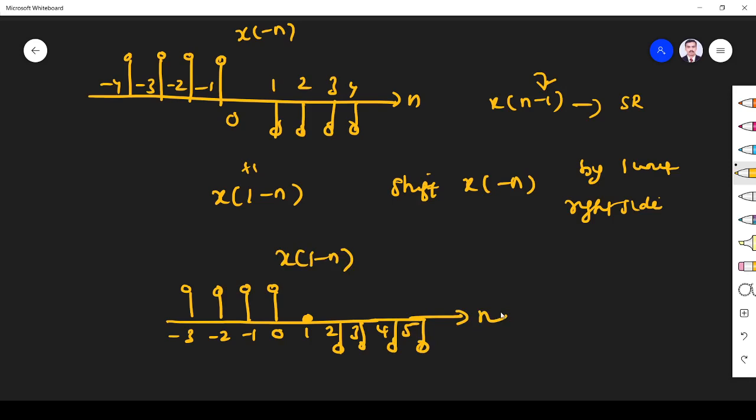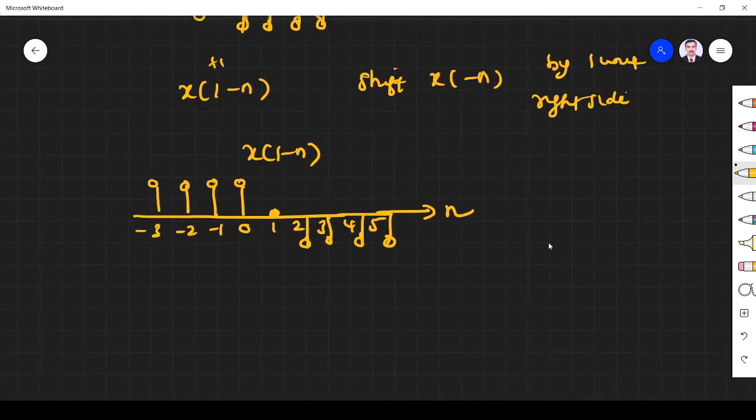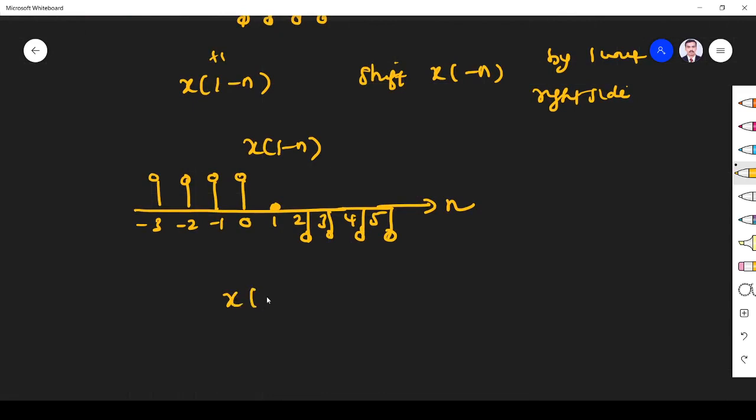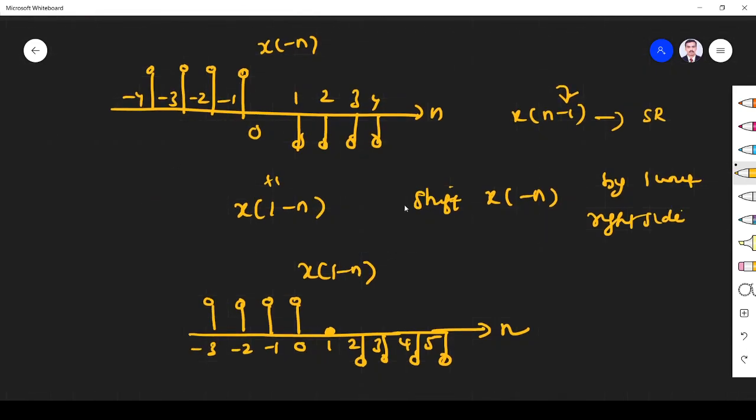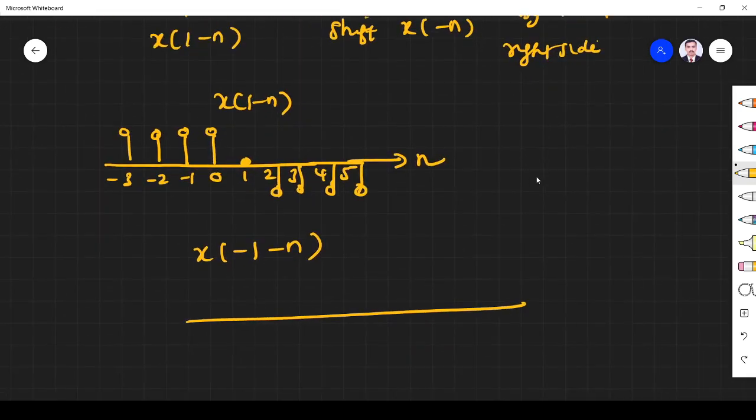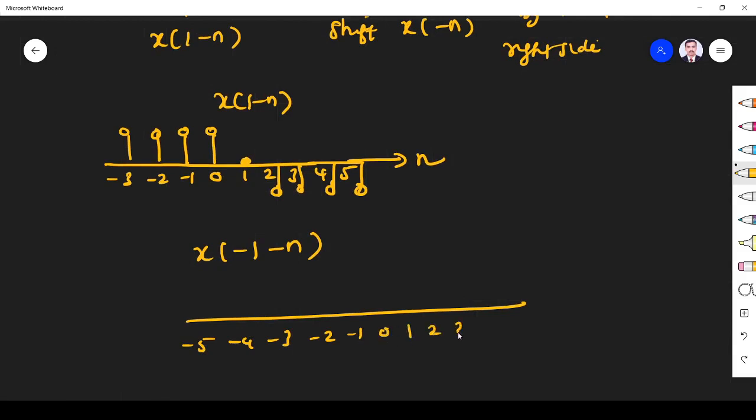Simple, right? Suppose they ask us to draw x of minus 1 minus n, what do we have to do? Just shift this x of minus n by 1 unit left. So it has to go from minus 5 to plus 3. So minus 5, minus 4, minus 3, minus 2, minus 1, 0, 1, 2, 3.